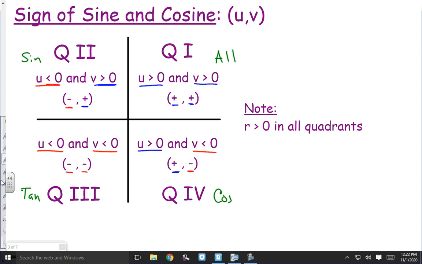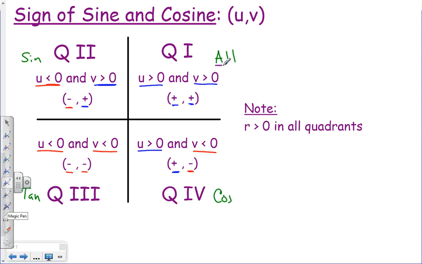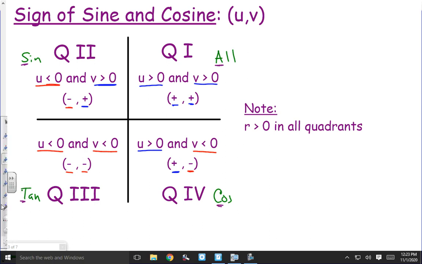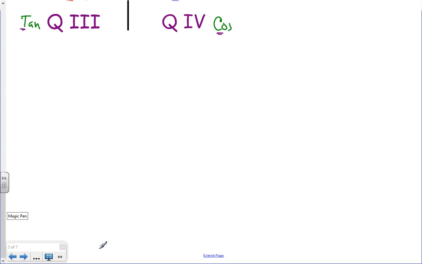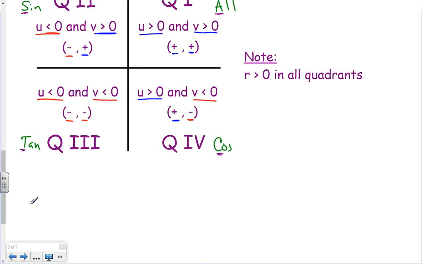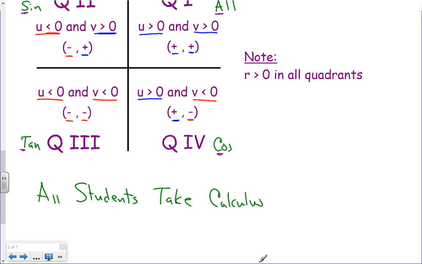And the little acronym that we use to help us remember this: if you look at the first letters we've written down, the A, the S, the T, and the C. Obviously, you can remember exactly those things, but sometimes you remember this by saying: all, the A from the first quadrant; students, the S from the sine in the second quadrant; take, the T in the tangent from the third quadrant; and then calculus, from the C in the fourth quadrant.